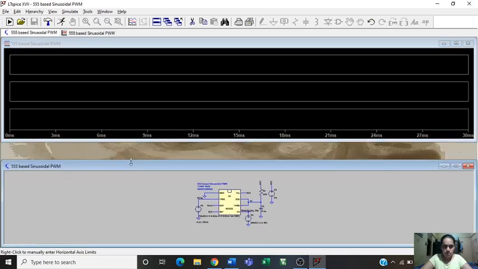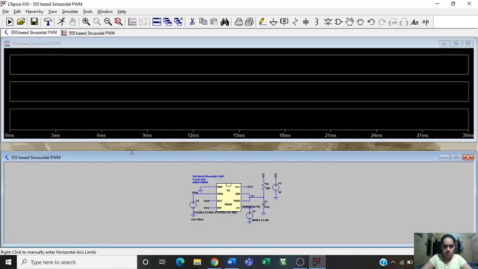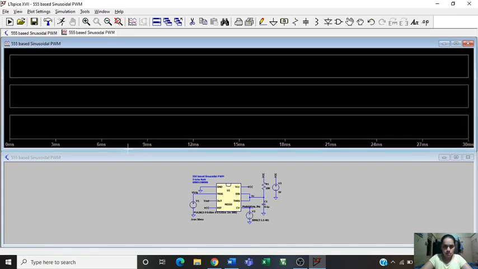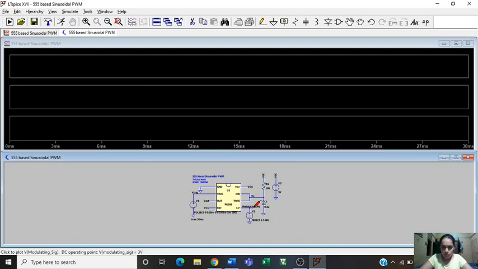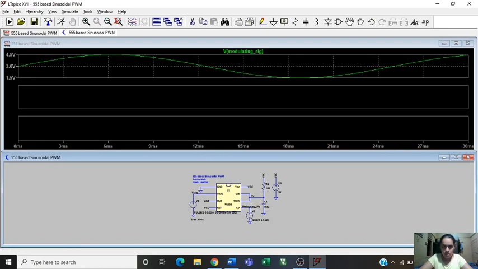In the first one, I get the output for the modulating signal, this is my modulating signal, and I'm also going to get the output for the capacitor.